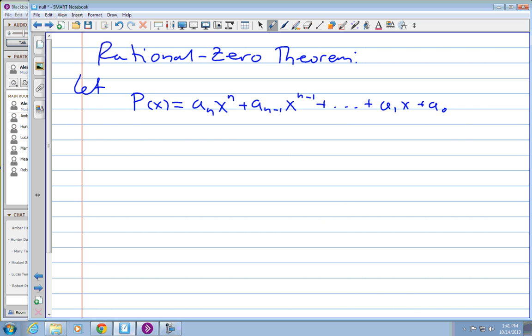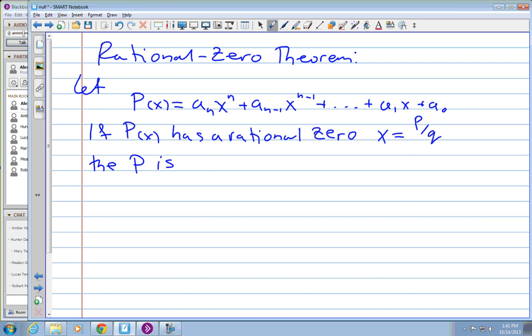Then if p of x has a rational zero, and let's call it p over q, that's how your book calls it, just a fraction, p over q, then p is a factor of a sub 0, so the numerator comes from the constant term. So the numerator is a factor of the constant term.